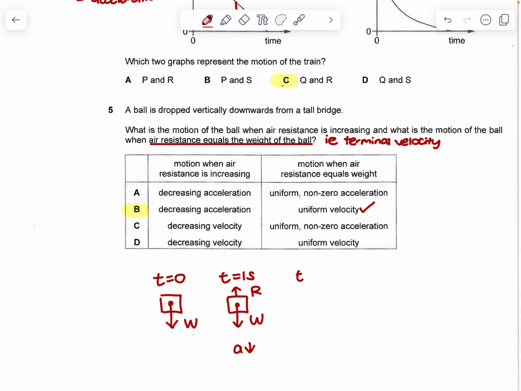But at t equals maybe an arbitrary number, 10 seconds, the weight is now equal to the air resistance. So where air resistance is equal to the weight, your F net, resultant force, is 0. Hence your acceleration is 0. Okay, and that is when terminal velocity occurs.